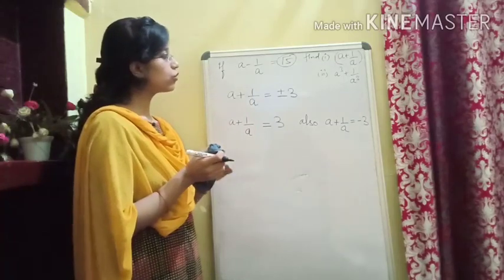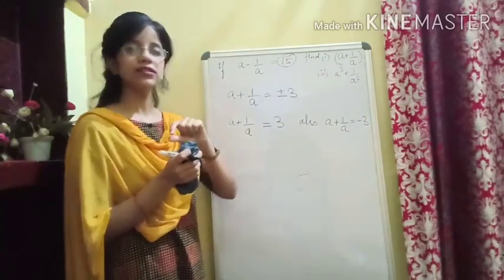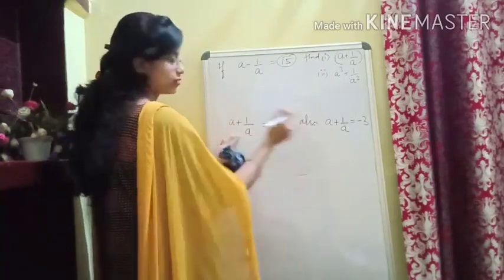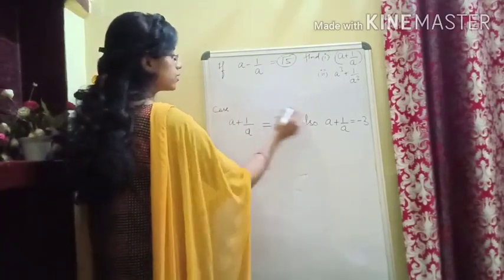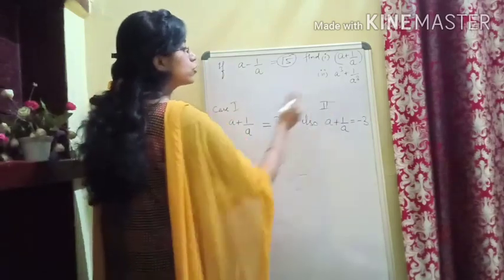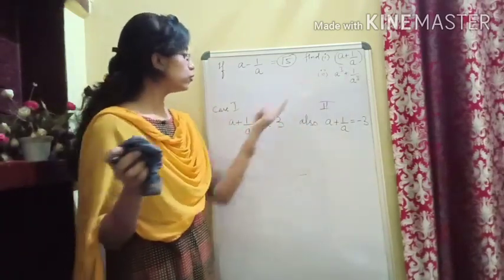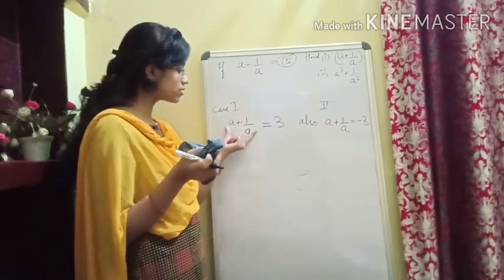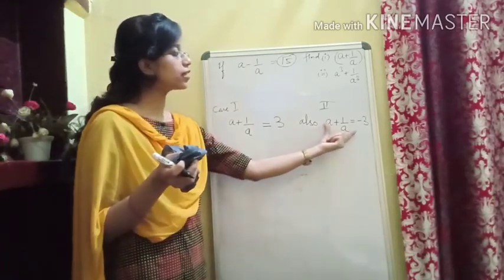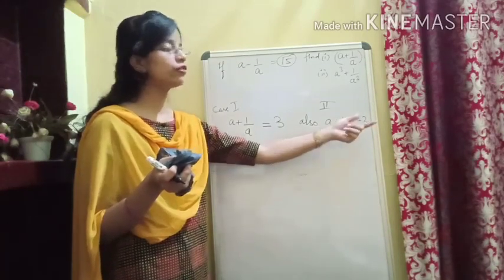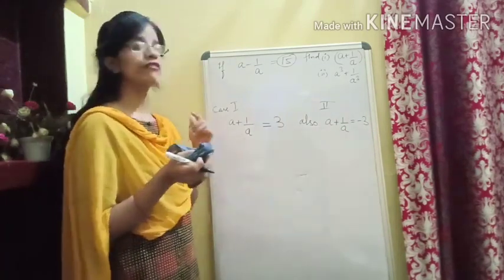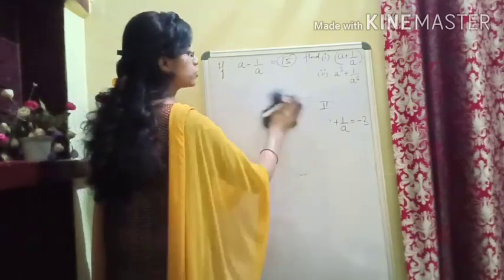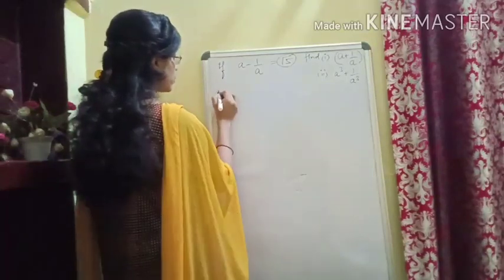If it is clear, now we are going to calculate the second part. And if you see, we have two cases. This is our case 1 and this is our case 2. So we are going to calculate this value taking case 1, where a plus 1 upon a equals 3, and then taking case 2, where a plus 1 upon a equals minus 3. You need to be very careful with these types of questions, okay? So let me take case 1.